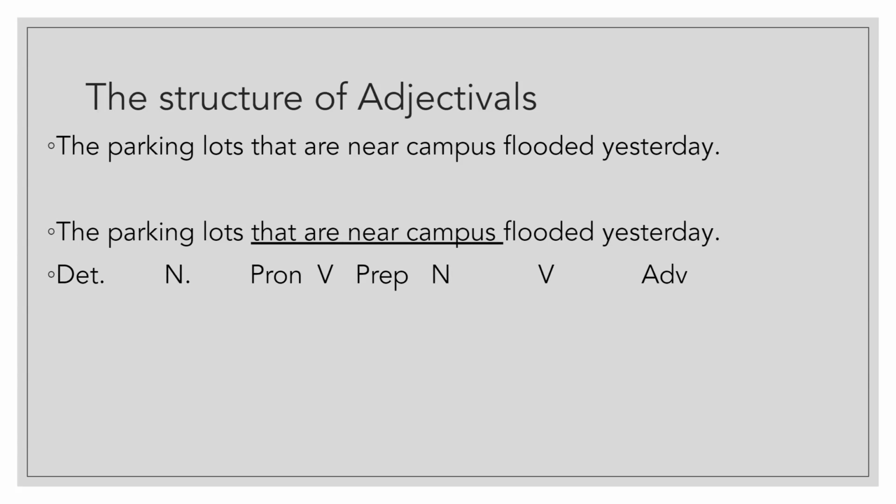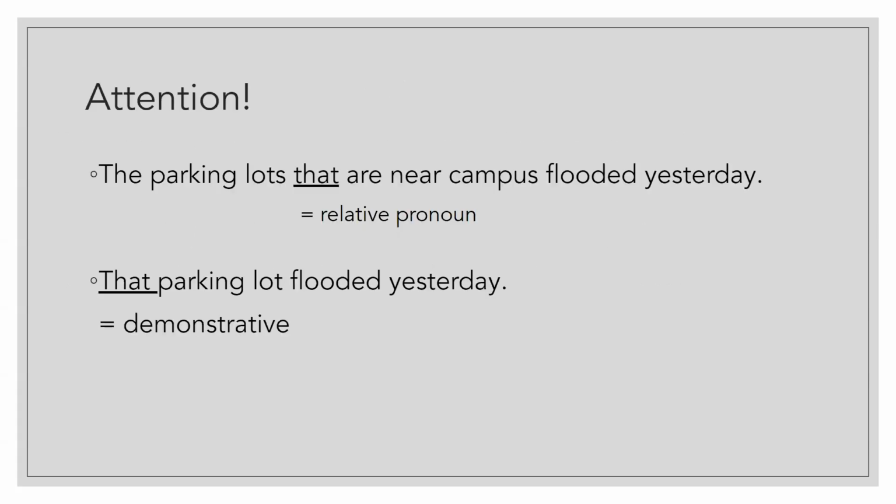Okay. So please pay attention and be very careful. When you have an adjective phrase, the word that is a relative pronoun. It's beginning that relative clause. As opposed to the second example, that parking lot flooded yesterday.